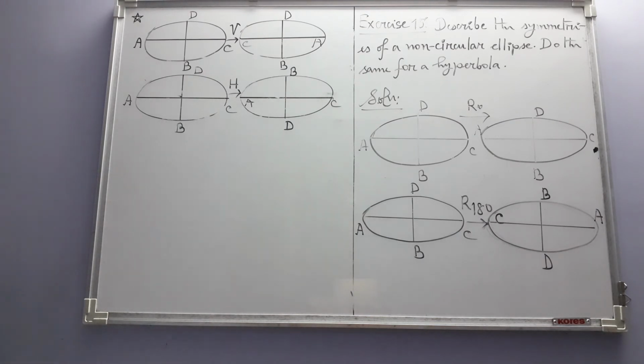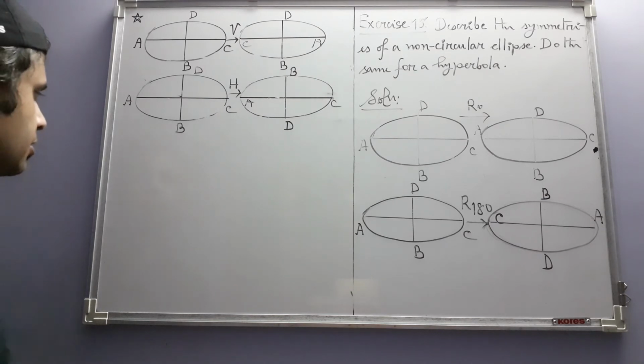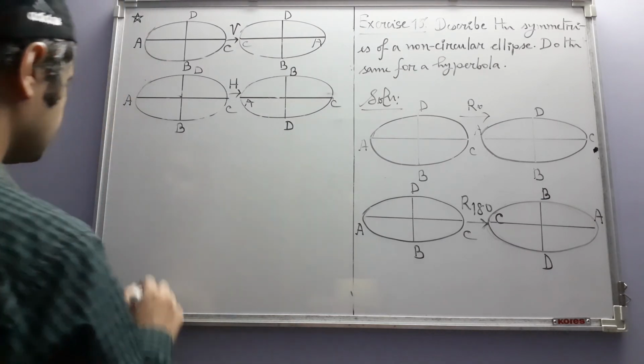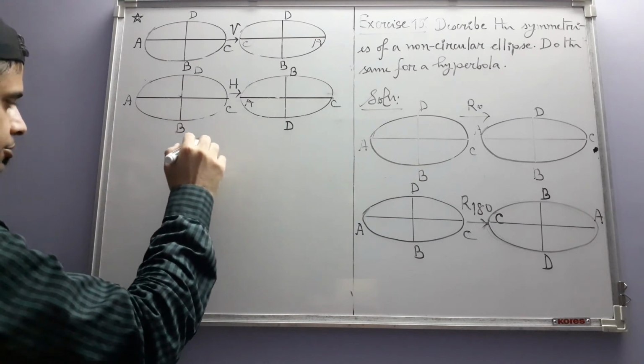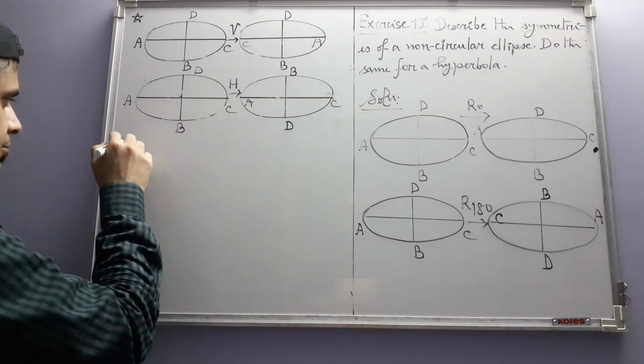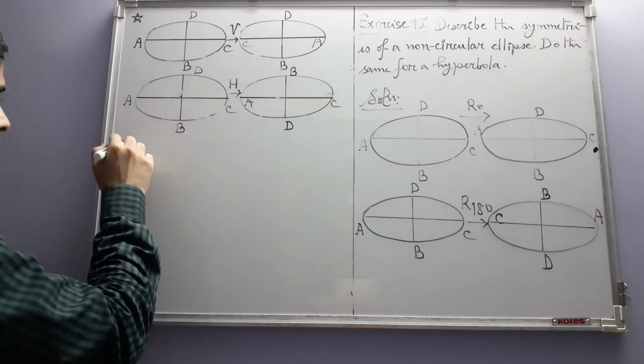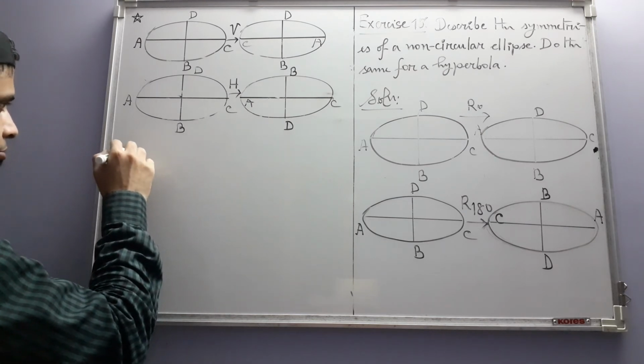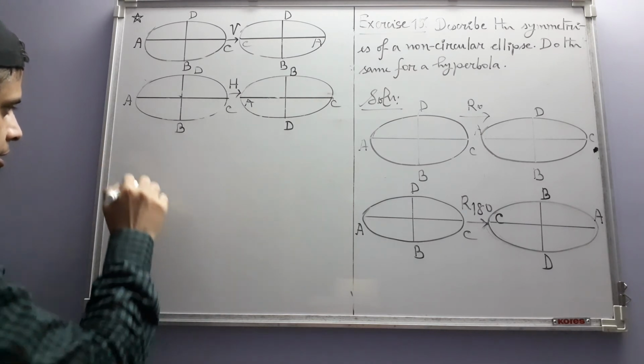Okay, now what is the situation with a hyperbola? A hyperbola has 2 disconnected components, two connected components which are disconnected.